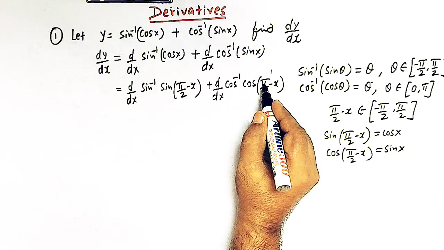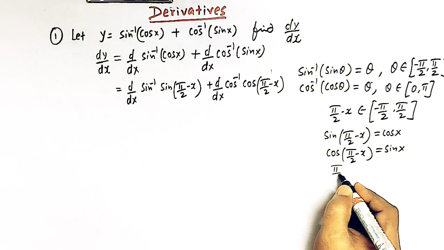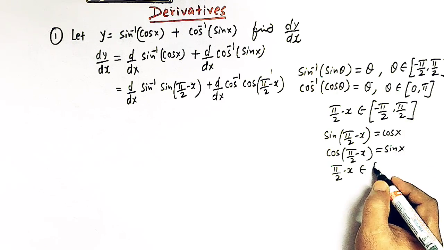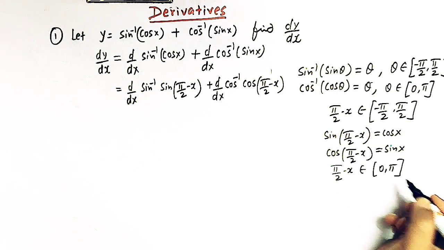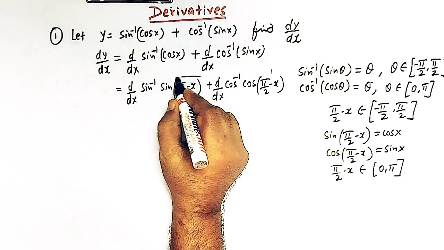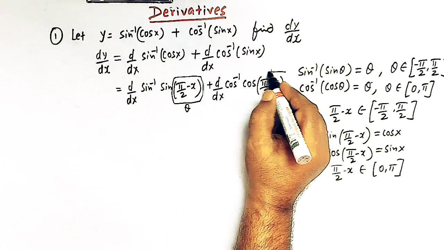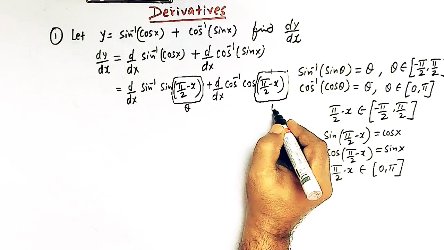And here pi by 2 minus x also belongs to this interval, that is 0 to pi, right? So now we can take this angle as theta, and also this angle as theta.